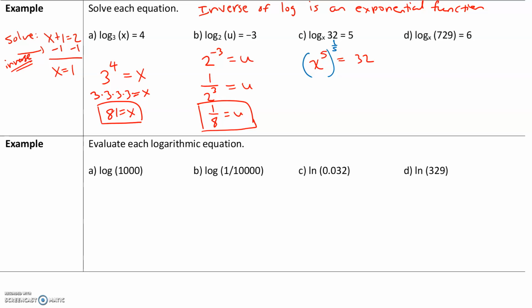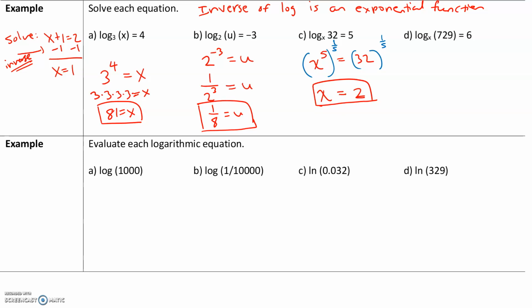So we raise the left side to the 1/5 power, which means we raise the right side also to the 1/5 power. And the reason we do that is now when you have a same base that has two powers, they multiply together. And 5 times 1/5 gives you 1. So we get the x by itself. And in a calculator, put 32 to the 1/5 power, which will give you 2 as the answer. So our answer is x equals 2.